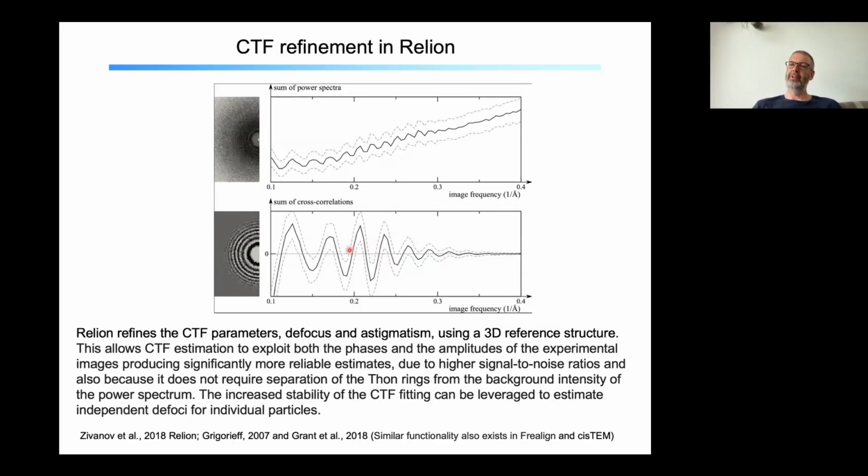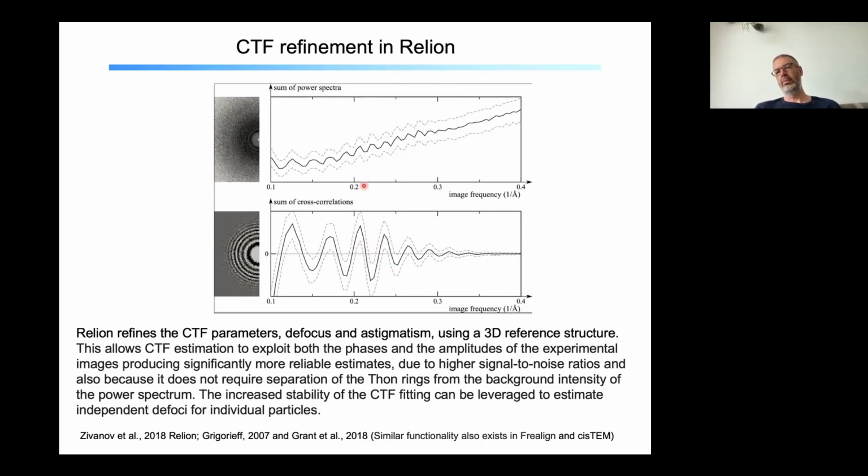So the other thing I wanted to mention with CTF correction is that Relion, and there are a number of other software packages, such as FreeAlign, also allow more complicated CTF refinements further down the processing.